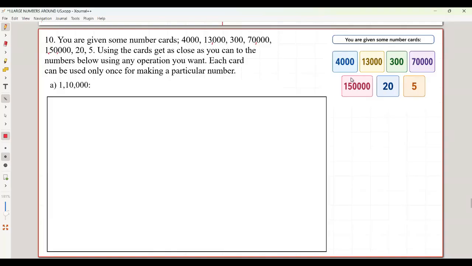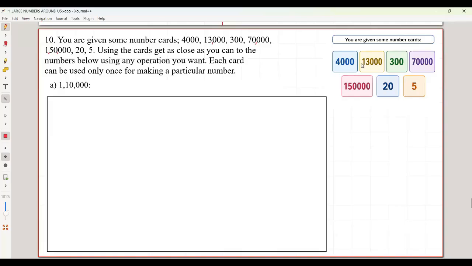You can use only these number cards to get the given number. The first question is 1,10,000. For writing 1,10,000, you have to get the exact number or the closest to 1,10,000.